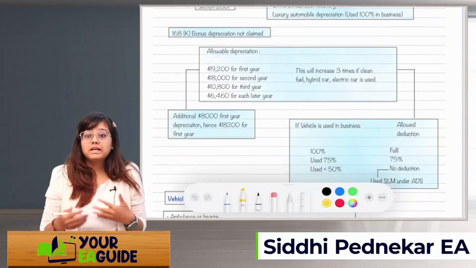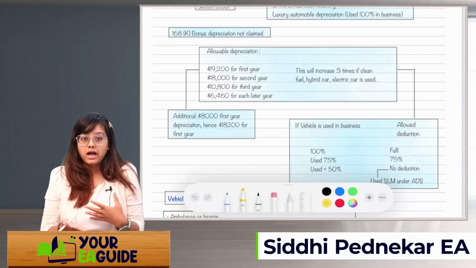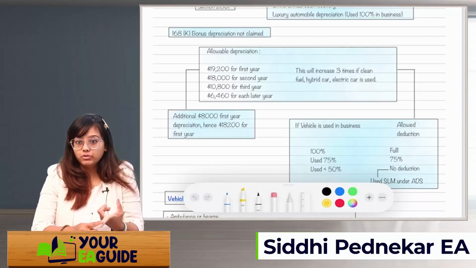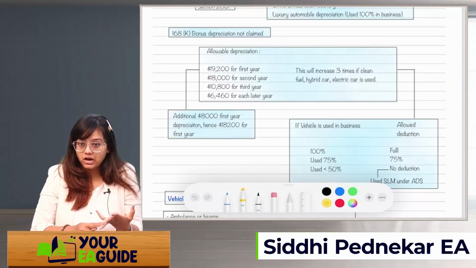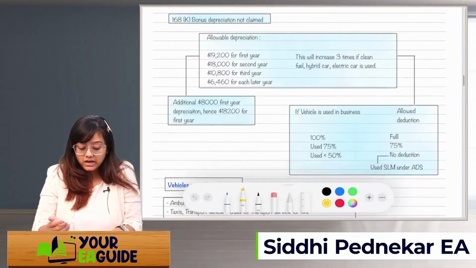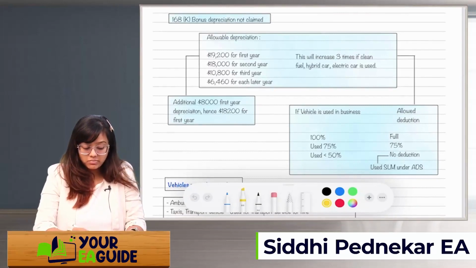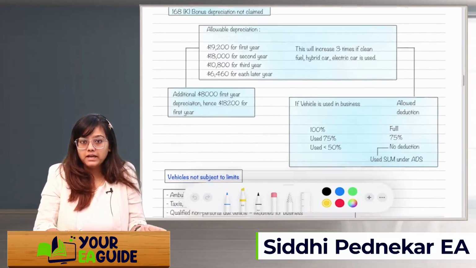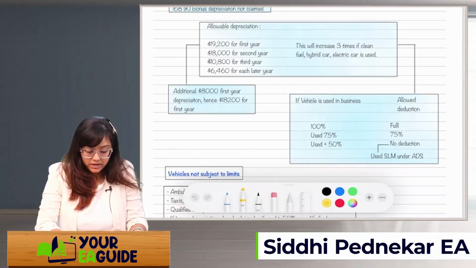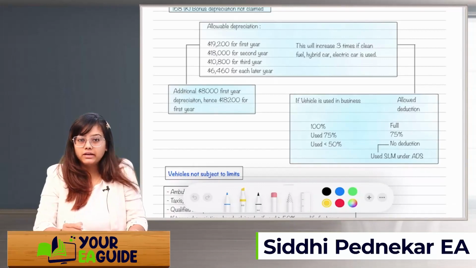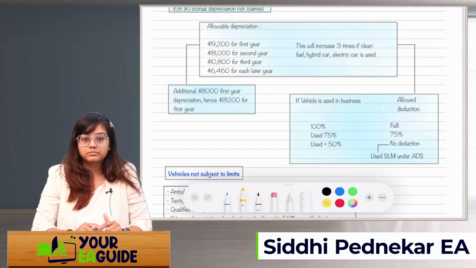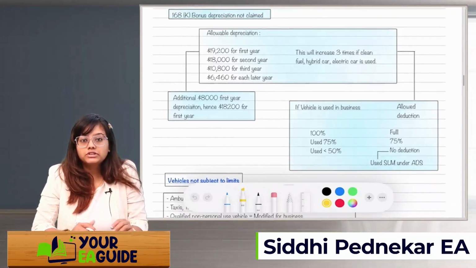This will increase 3 times if you have a vehicle which falls under the clean fuel, hybrid car, electric car category. If these 3 criteria are fulfilled, then the whole depreciation amount will be multiplied by 3, meaning you can take 3 times of it. And apart from the 19,200, 18,000, 10,800, you can take an additional 8,000 for the first year.